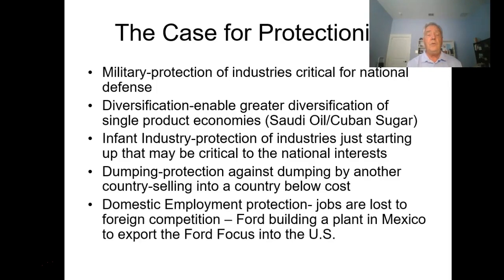Domestic employment protection. Jobs are lost to foreign competition. We know this one in spades. As a result of our employment level being so high, for instance, Ford is going to move a plant to build a Ford Focus in Mexico and export it back into the US, primarily because the labor rate is lower in Mexico.